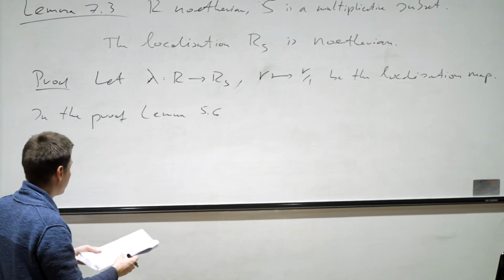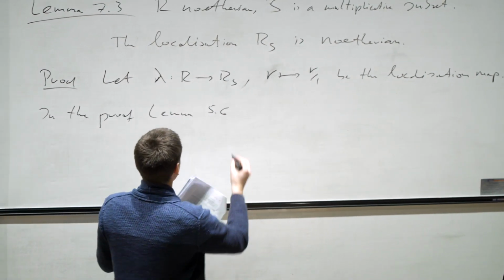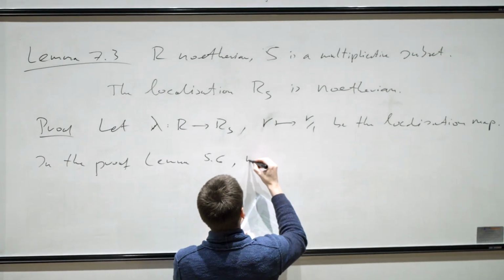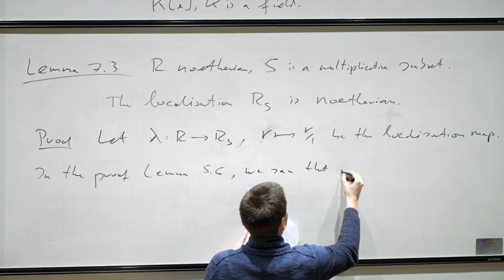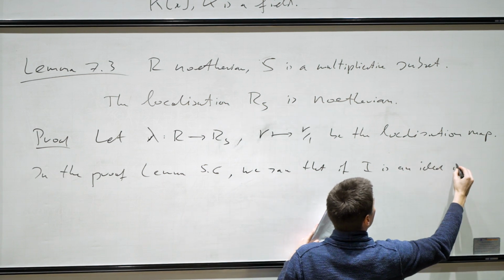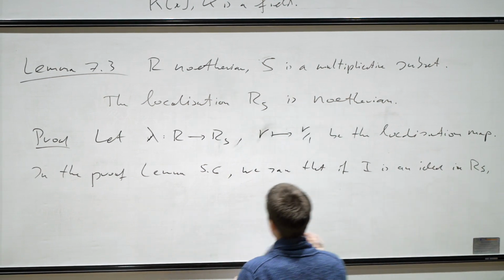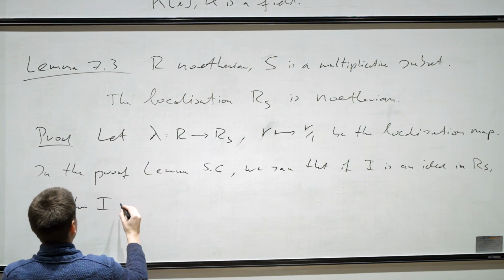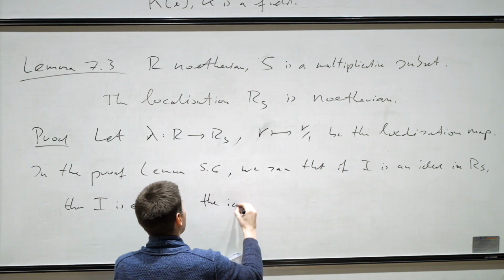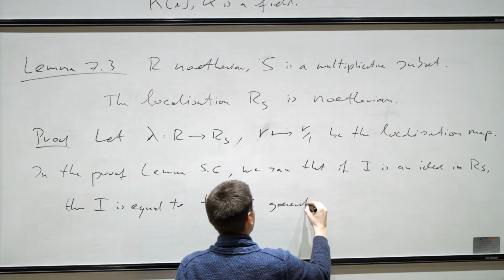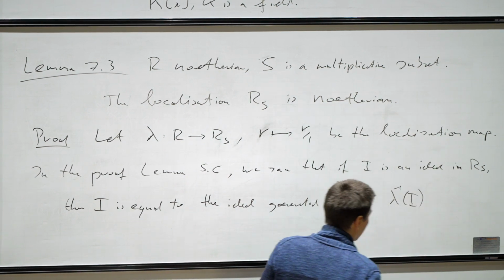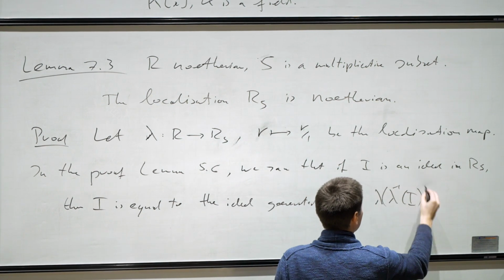One of the things we proved there was how this correspondence works. We saw that if I is an ideal in the localization, then I is equal to the ideal generated by lambda of lambda inverse of I. We take lambda inverse, then apply lambda to this, and then generate.